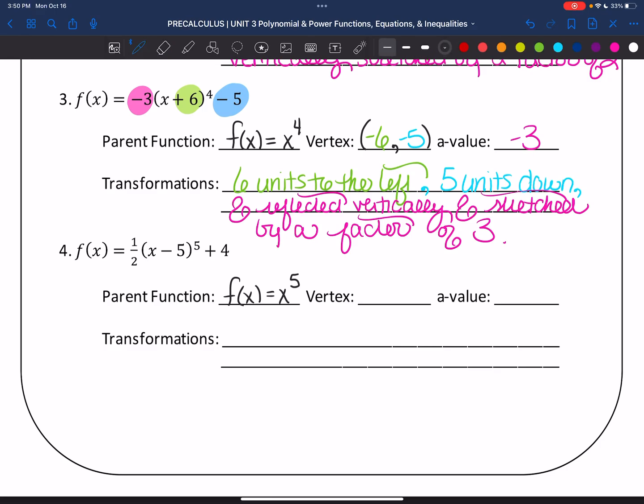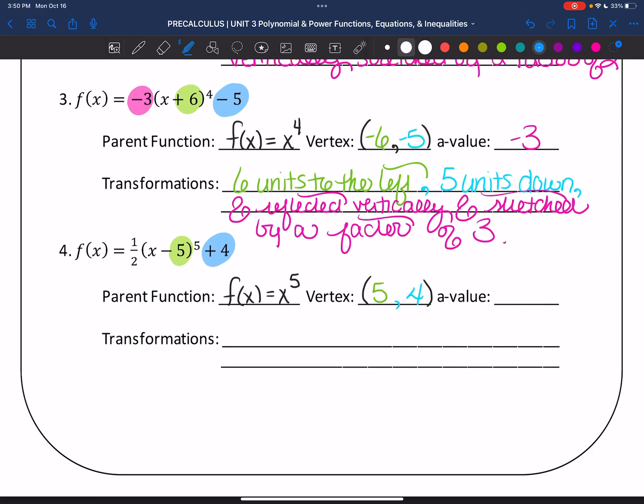What is the vertex for this function? The vertex is 5, 4. Make sure that you take the opposite of the h value of what it looks like in the function's form, and then your k value.